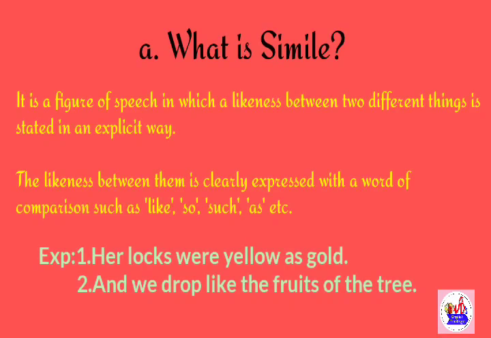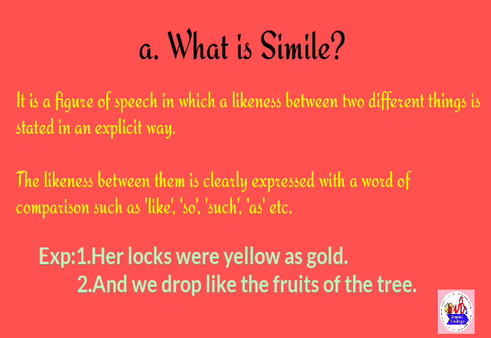Let's move on. What is simile? A simile is a figure of speech in which a likeness or similarity between two different things is stated in an explicit way. Explicit means when the words of comparison such as like, so, such as are used clearly in a comparison.